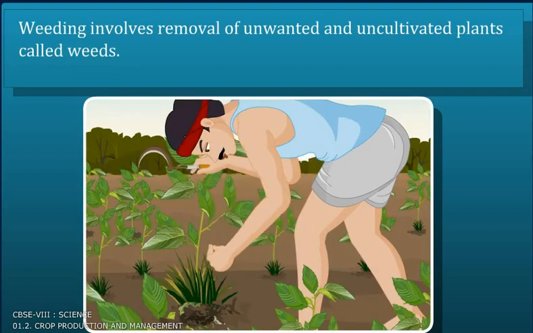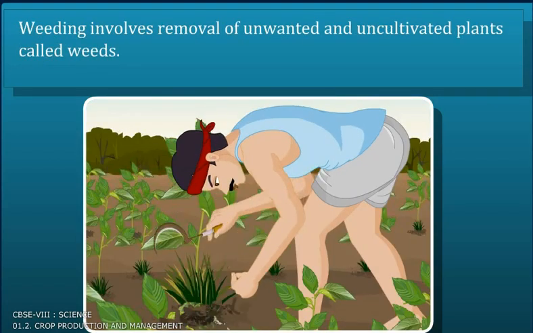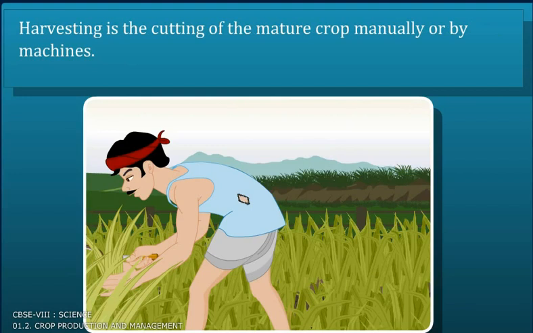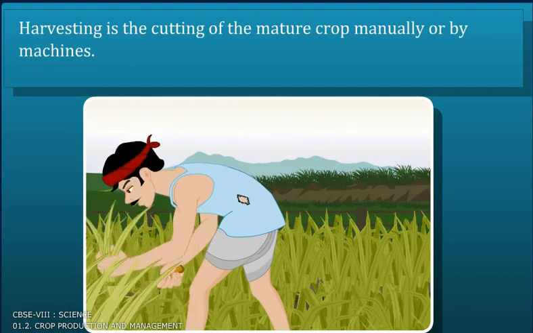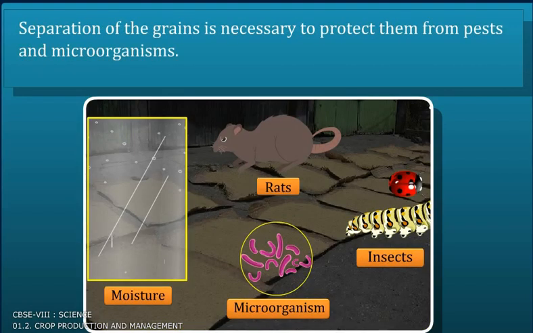Weeding involves removal of unwanted and uncultivated plants called weeds. Harvesting is the cutting of the mature crops manually or by machine. Separation of grains is necessary to protect them from pests and microorganisms.